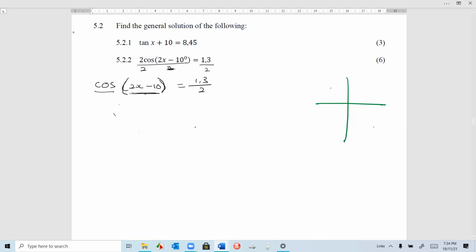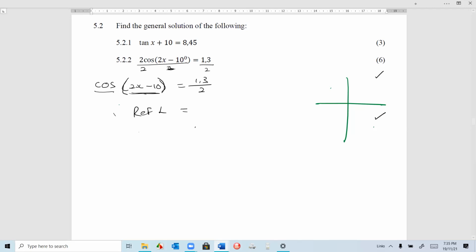So our journey continues. We want to find the reference angle. Now, before we find a reference angle, you notice that it's positive. Look at your right-hand side, it's saying positive. In which quadrant is cos positive? Cos is positive in quadrant 1 and quadrant 4.